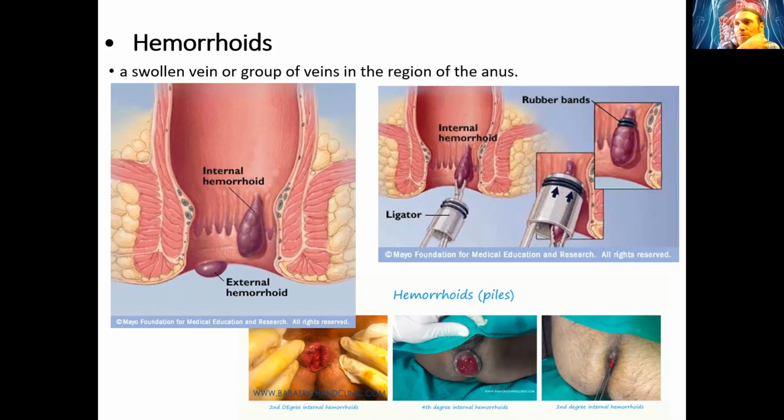It seems there is a genetic factor involved and also a professional factor, because people who have a job which involves standing up for a long period of time are more prone to developing hemorrhoids. Also, pregnant women often get hemorrhoids because of the pressure in the abdominal cavity.